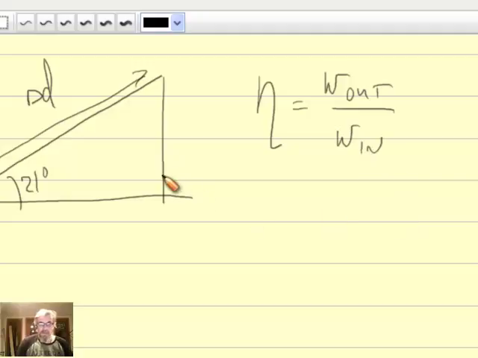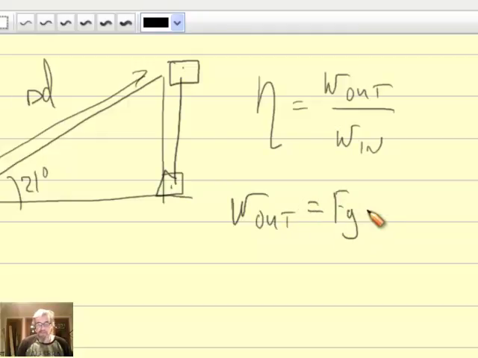Well, the work output is, what really happens is I just take this box and I move it up to the top of the ramp. That's the work output. I'm going to have to move it a lot further and with less force, but ultimately all that happens is I move it from here to here. So the work output is just going to be equal to the weight of the thing, let's call it Fg, times this distance here, let's call it height, h.